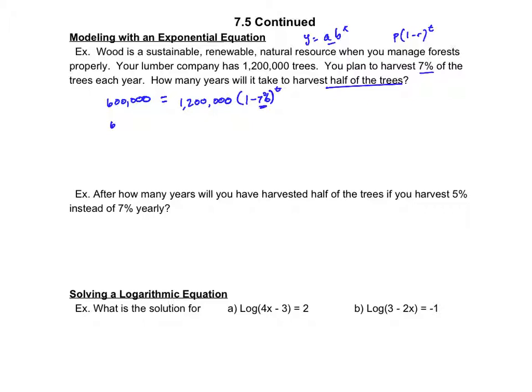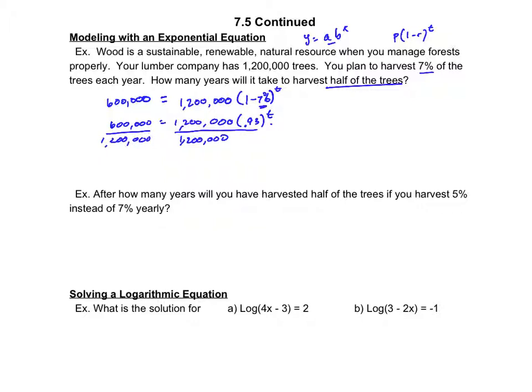And so let's see here, 600,000 times 0.93 to the t. And now I can go ahead, when in doubt, just combine like terms. So I'm going to divide away this. I'm trying to isolate my variable, so moving anything I can away from that.